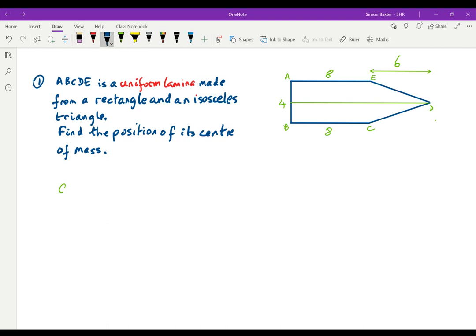Let's have a blue pen. So the center of mass will lie on the line of symmetry, which is the green line in the diagram.